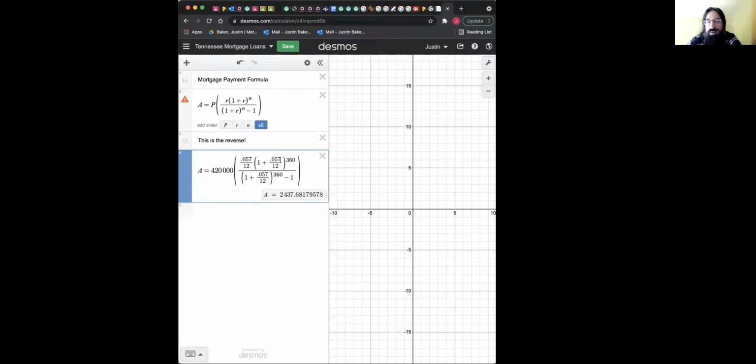All right, notice this is the reverse. I'm giving you the whole formula, and I want you to tell me now, what is the rate? What is the compounding, payment, although it's right there, and the amount borrowed?